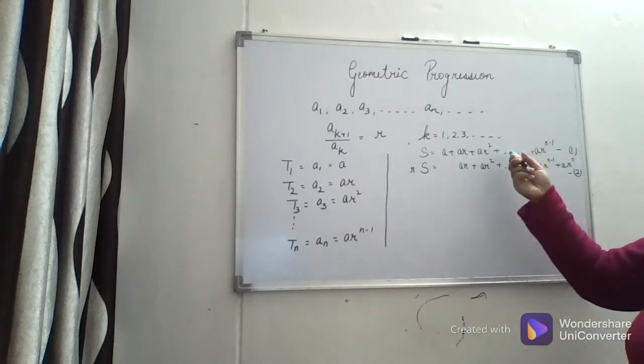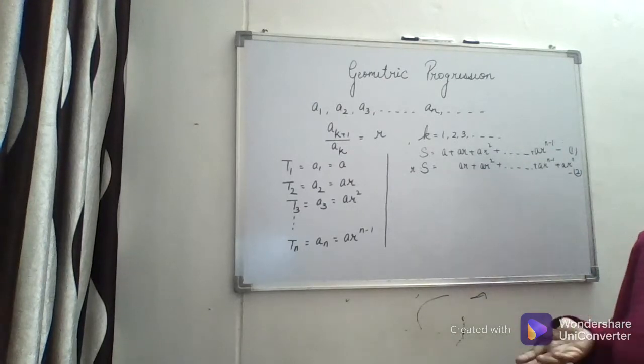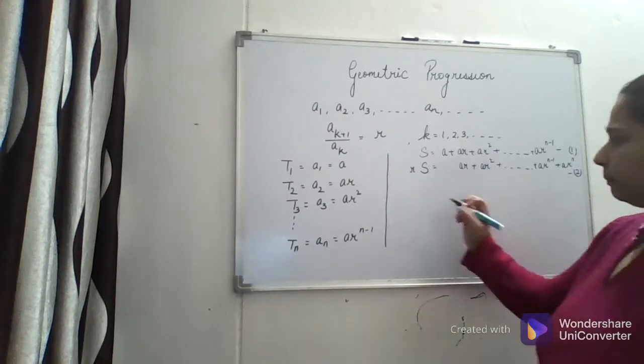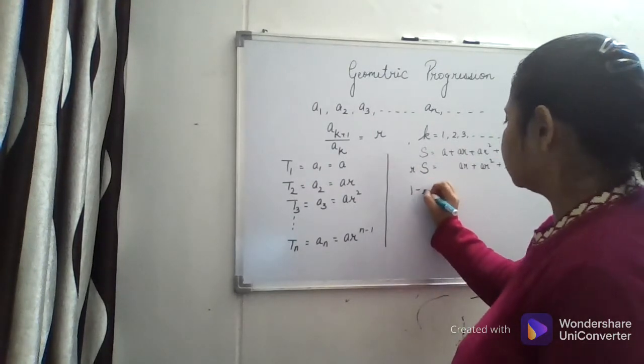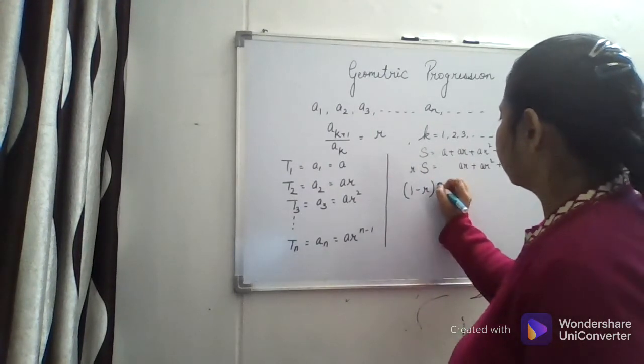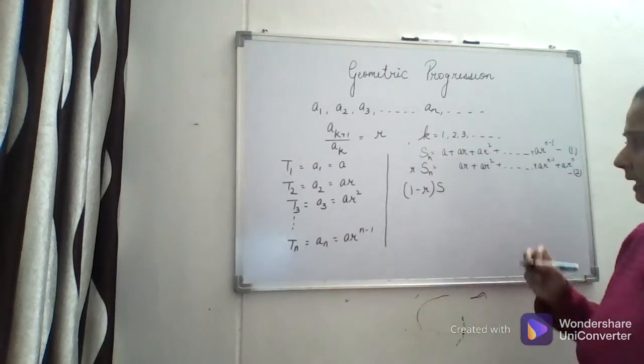Now I will subtract either 1 from 2 or 2 from 1, and my sum will come out the same. So I am considering 1 minus 2, I get (1 minus R) S. It is of n terms, so I am writing it as Sn.